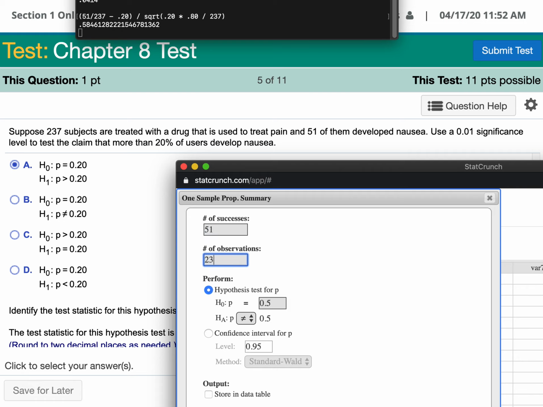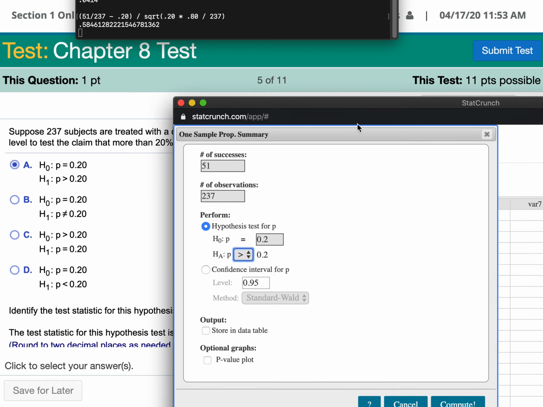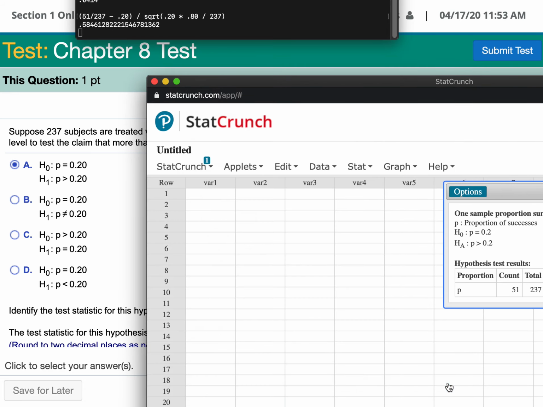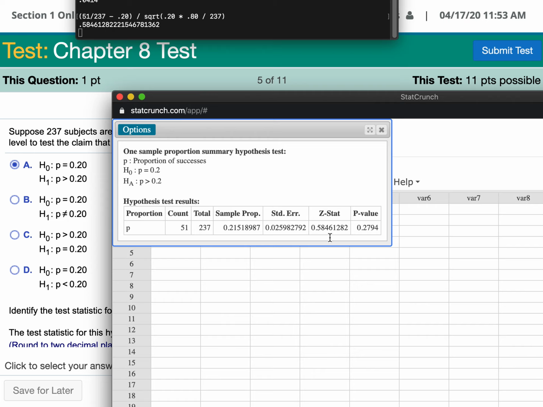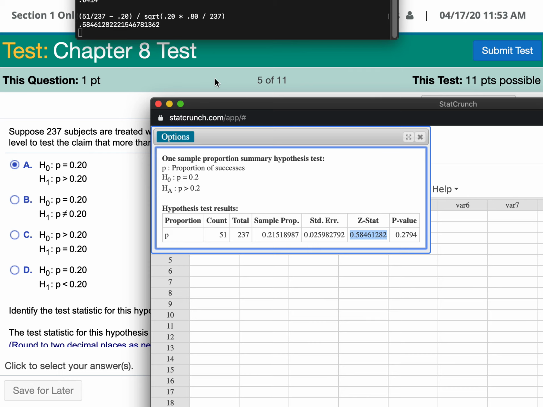There are 237 observations, and you're going to test that p equals 0.2 versus the alternative hypothesis that it's greater than 0.2. Then you can click compute, and notice it shows you the test statistic, called z-stat, which is 0.58461282, etc. So it's the exact same number whether you do it by hand like this or with StatCrunch. It doesn't matter which one you use.